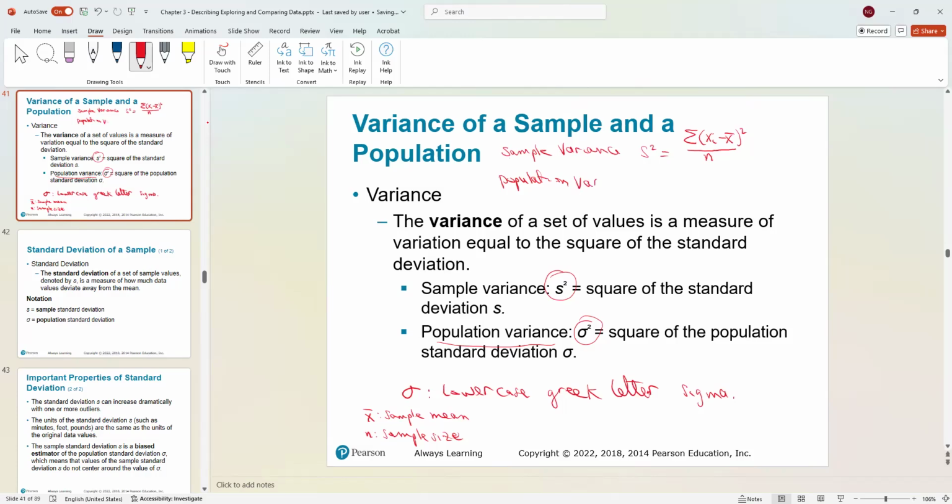For the population variance, we use the lowercase Greek letter sigma squared. Sample variance is over n minus 1, so remember that for a sample. But for the population, it should be the sum of xi minus mu squared, over capital N. Sorry, not over N minus 1, only over N. Of course, we have some other formulas you can use, but we're going to start with this first one.